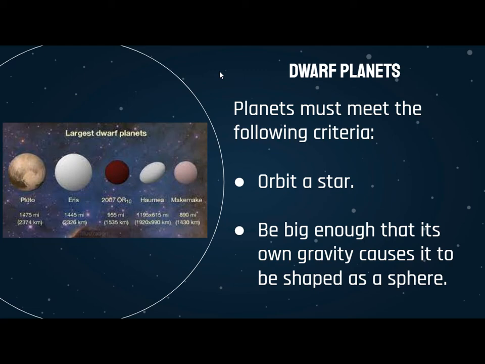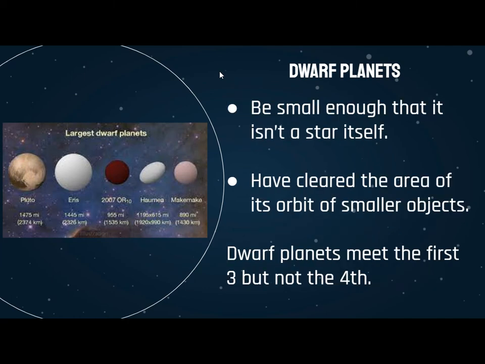Okay. You have to be small enough that you're not a star. Well, kind of duh, right? If you're a star, you're a star. And you have to have cleared the area of your orbit of smaller objects. All of our planets do that.